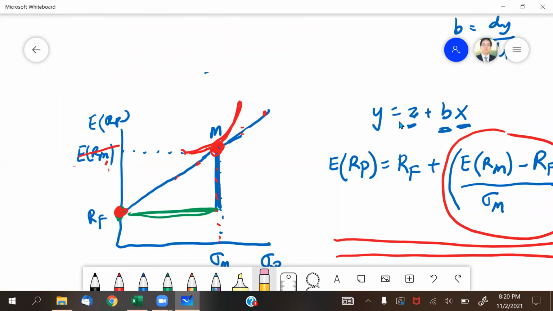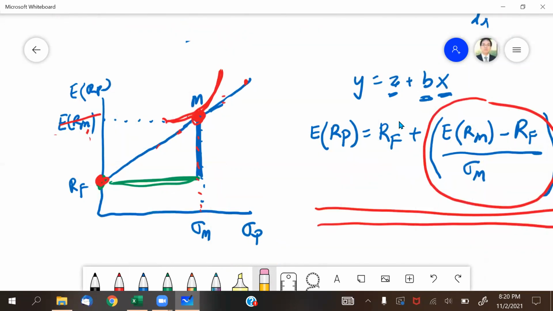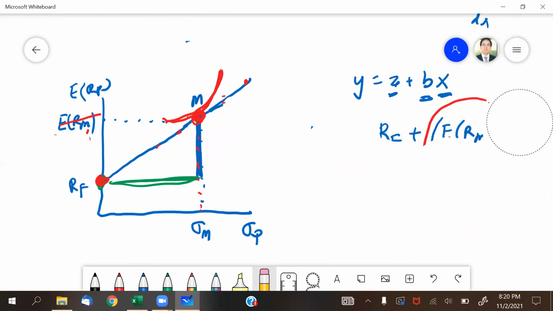Okay, so capital market line or capital allocation line is for a portfolio analysis. So if you want to adapt the capital market line into an individual security analysis, then we change it to security market line, right?